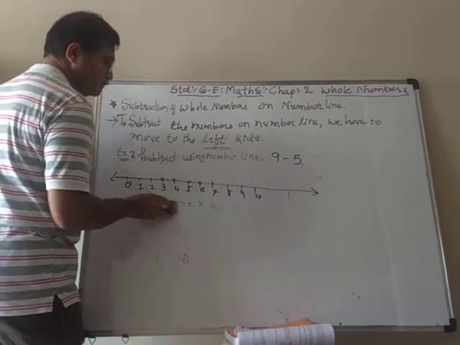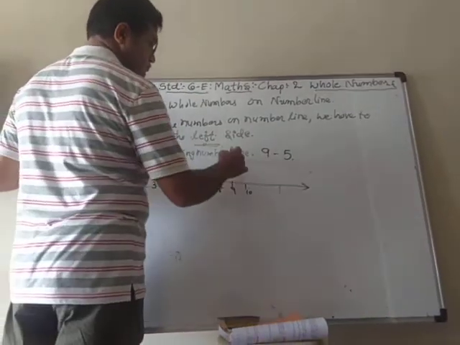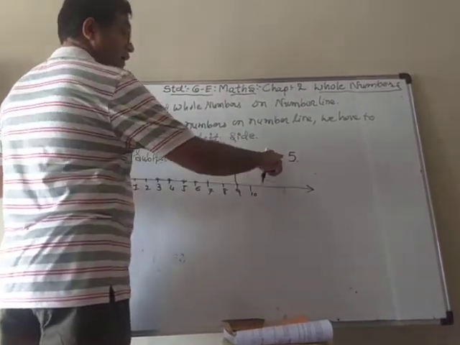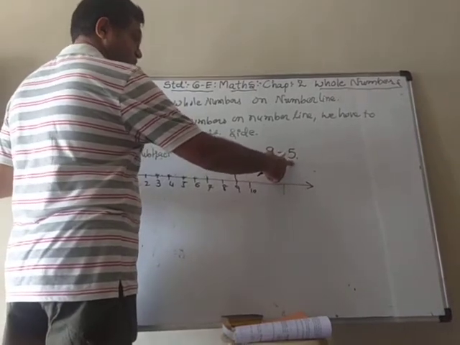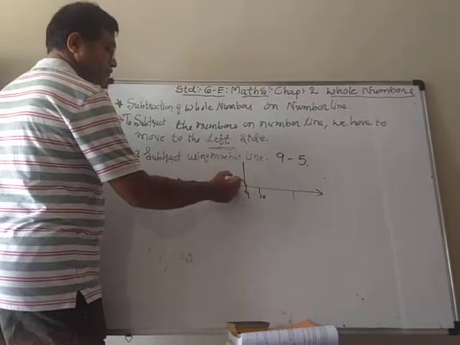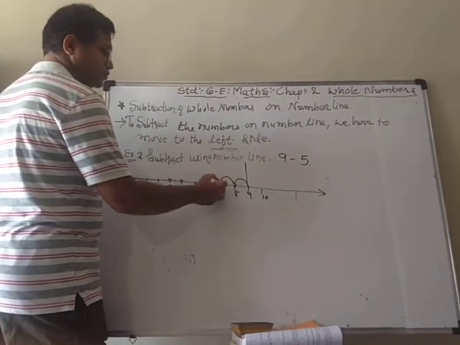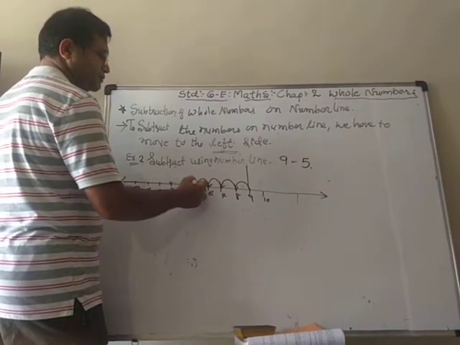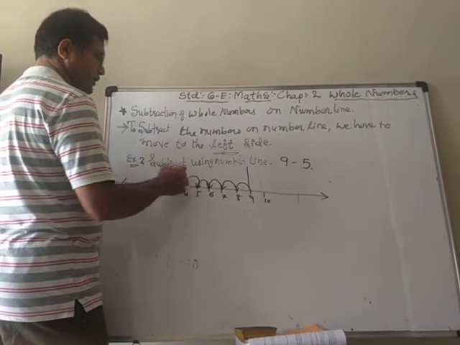So we have to start from 9, and we have to move 5 steps, but not to the right, to the left side. So that is 1, 2, 3, 4 and 5.